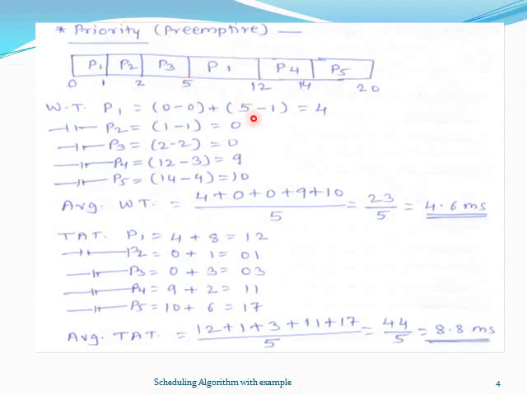So 5 minus 1, since at 1 process P1 is preempted, equals 4. The waiting time of process P2 is 1 minus 1. Starting time is 1, arrival time is 1, so it is 0.